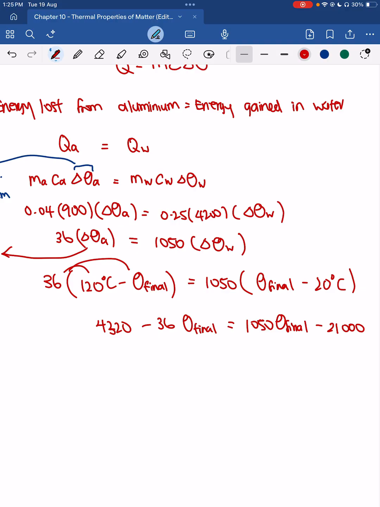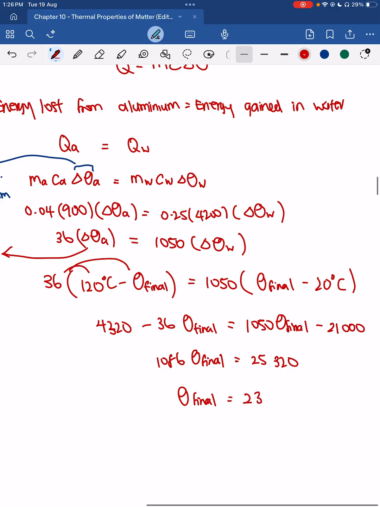Then I just have to manipulate the algebra again. 1086 theta final equals 21000 plus 4320, which is 25320. Therefore, theta final will just be 23.3149, which is 23.3 degrees Celsius to 3 significant figures.